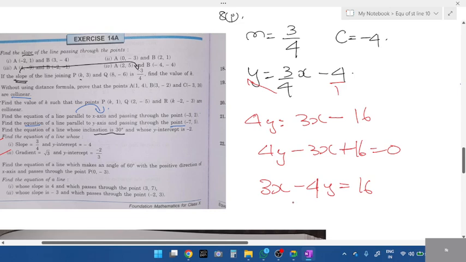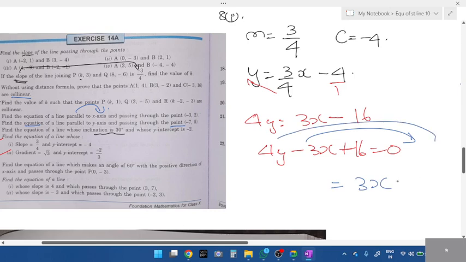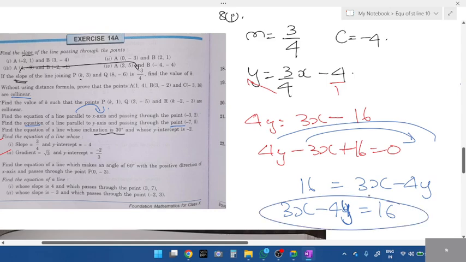They have written x first. All of you will complete this. So what they have done, they have shifted minus 3x, it becomes positive 3x. Then plus 4y goes to the other side, minus 4y. 16 remains as it is. And they've rewritten it like this, 3x minus 4y is equal to 16.